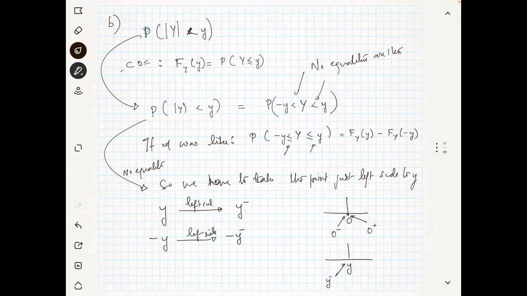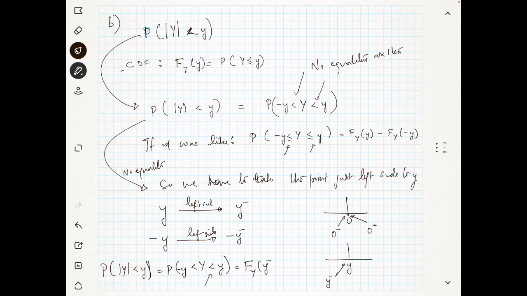So we can express our probability that the absolute value of Y is less than y as the probability that Y takes the value between minus y and y. So this can be written as F_Y(y minus) minus F_Y(minus y minus). Why am I using y minus?